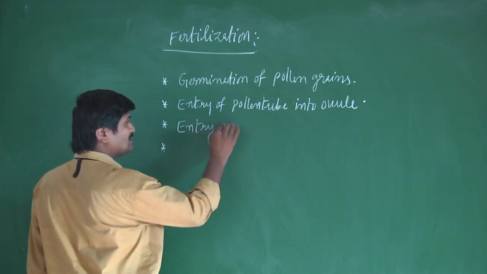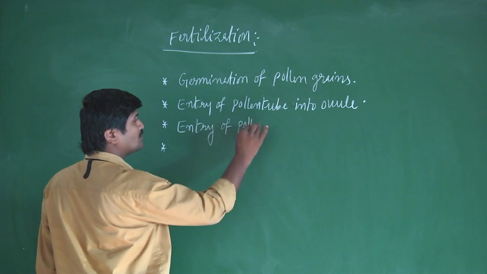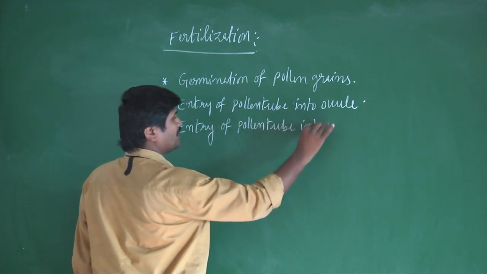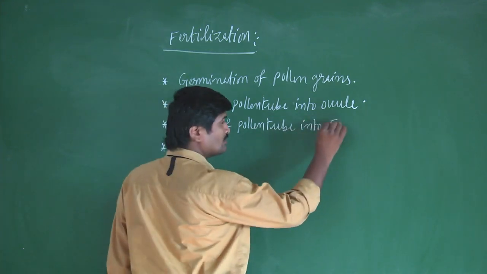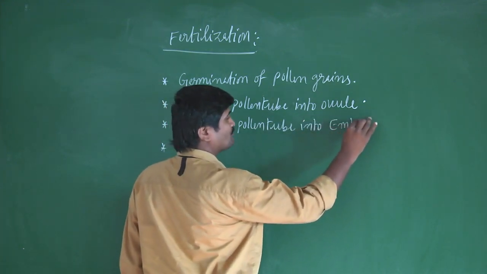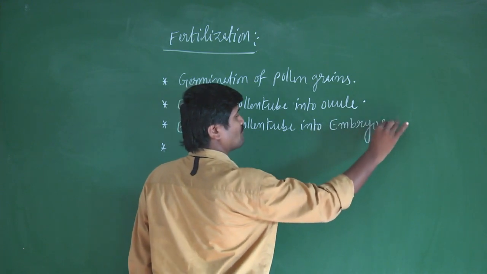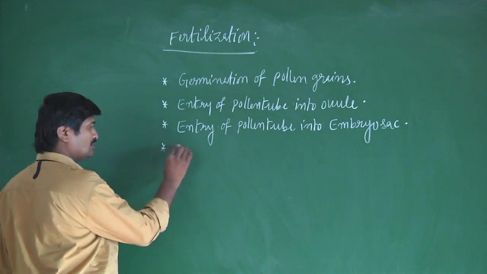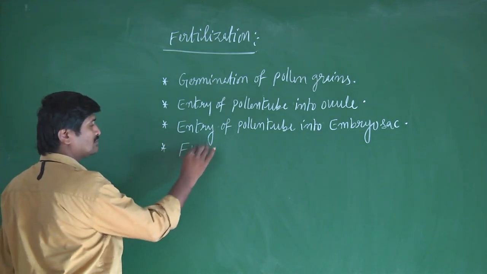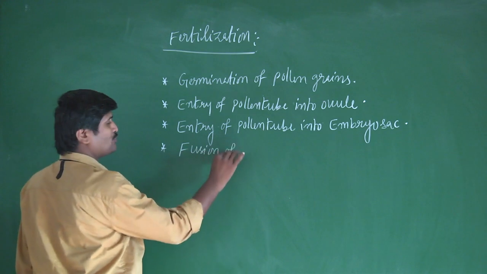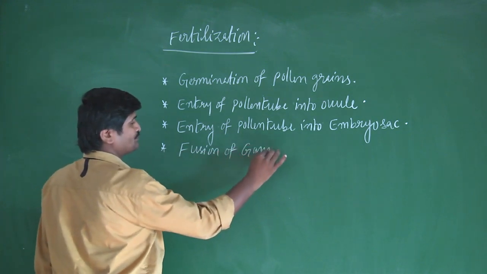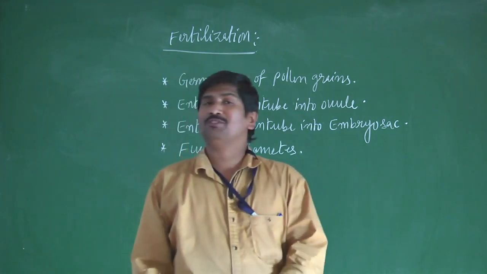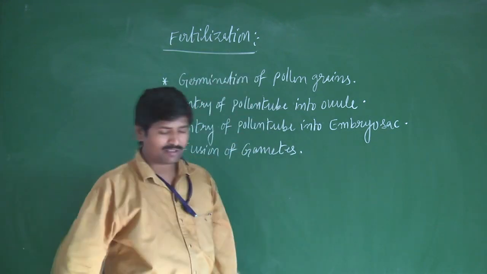Third one, the entry of pollen tube into embryo sac. Last one, fusion of gametes. These are the 4 steps involved in fertilization.